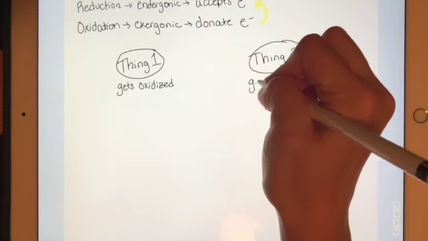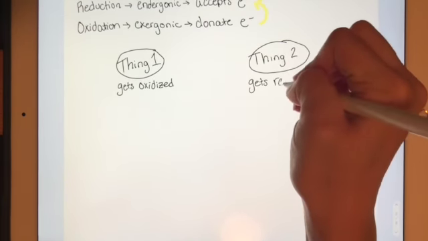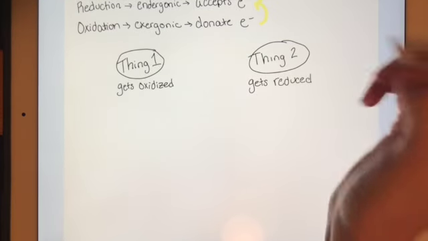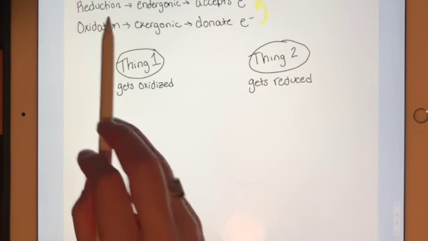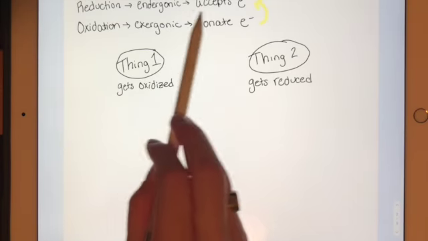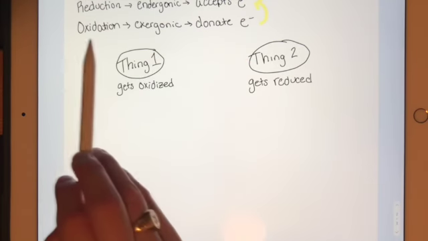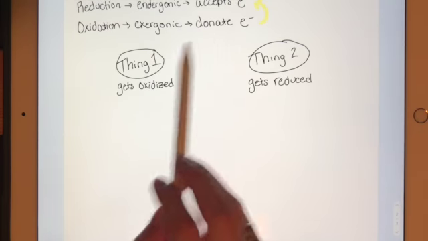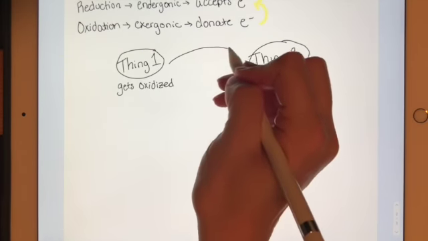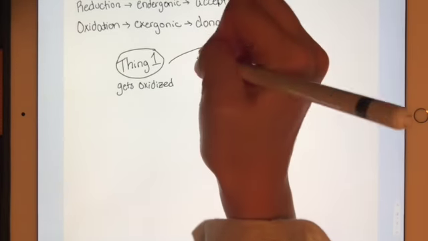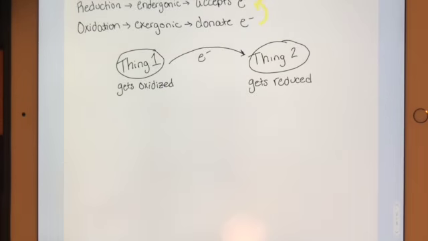Then thing 2, I'm going to say gets reduced. So what that means is that thing 2 accepts an electron that's donated by thing 1. So I'm going to draw my electron being transferred from thing 1 to thing 2.